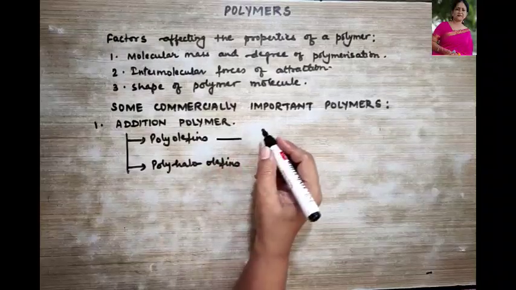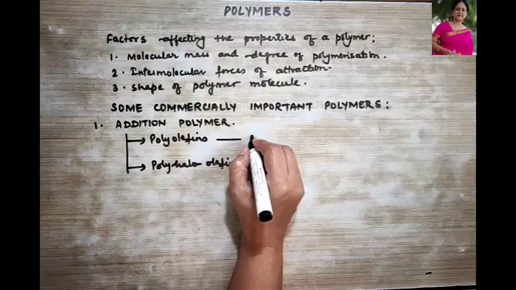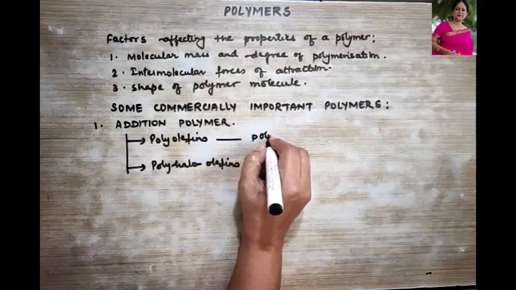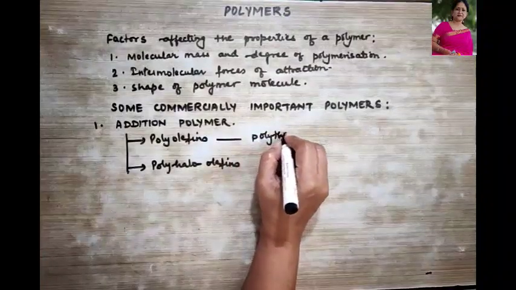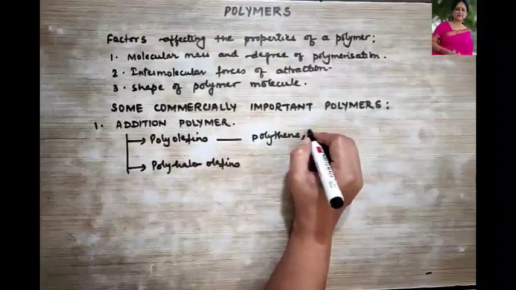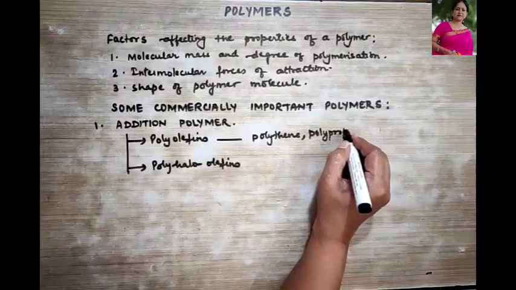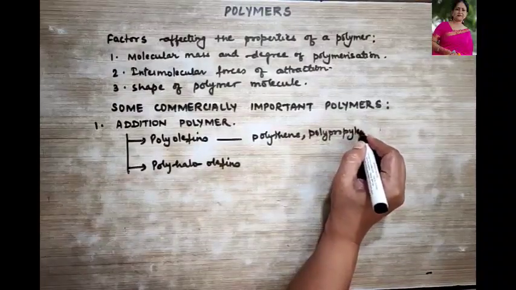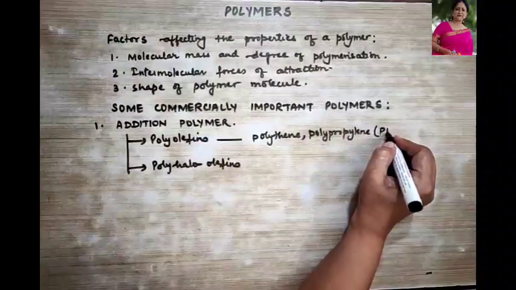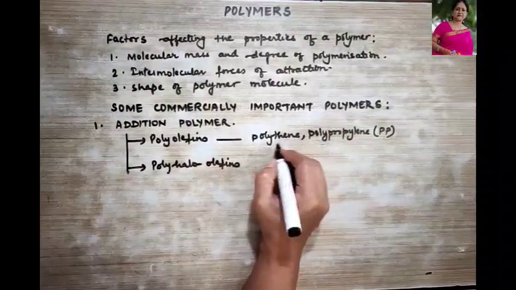Now coming to polyolefins. Some examples of polyolefins are polythene, then polypropylene, which is also called PP, then polystyrene.